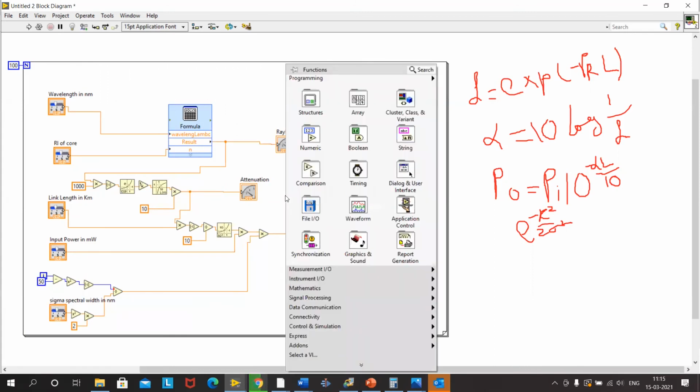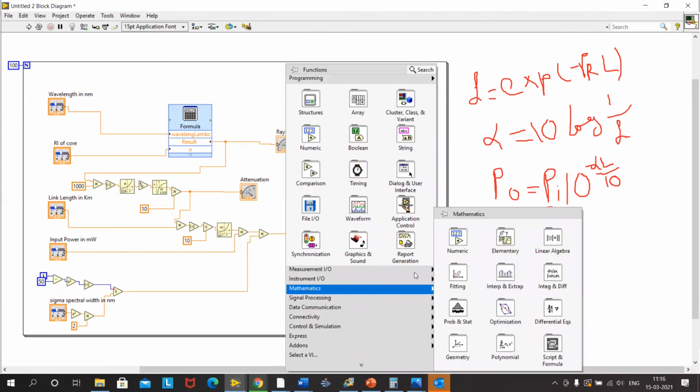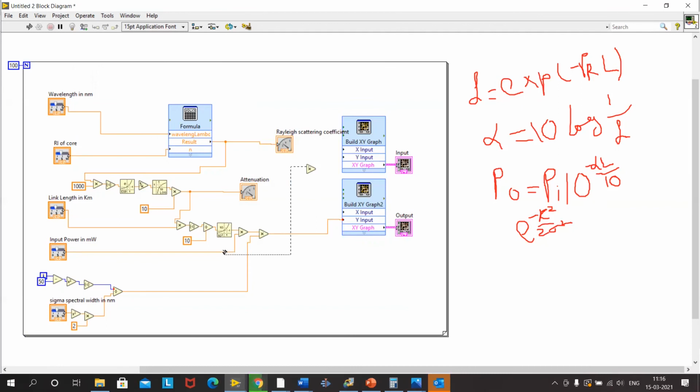Similarly, for my input, again I need to select one multiplier. Input multiplied by the Gaussian pulse. This is connected to y. Now x, as we know, is a counter which needs to be connected by x minus 50, the counter.